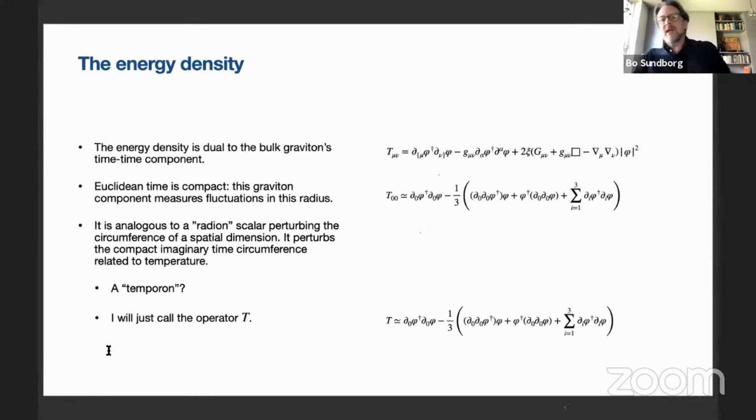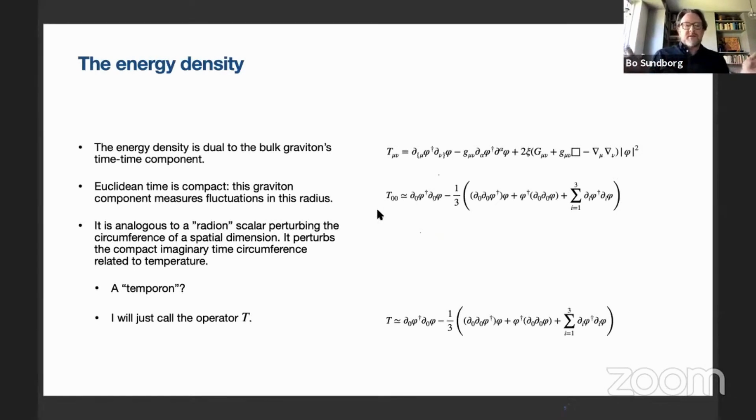All right, we need two operators to compute mixing. The next operator to study is the graviton. And in particular, we can take the 0,0 component of the graviton that measures fluctuations in the radius of the Euclidean compact time direction.